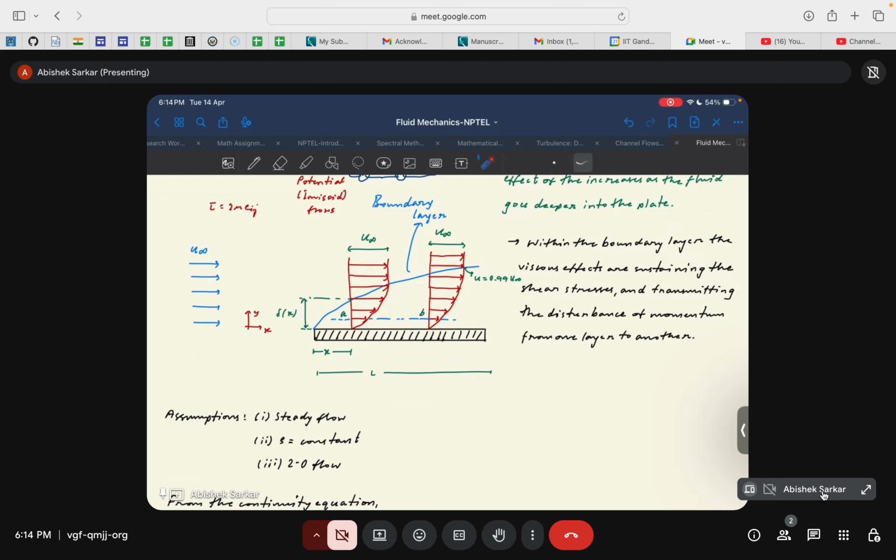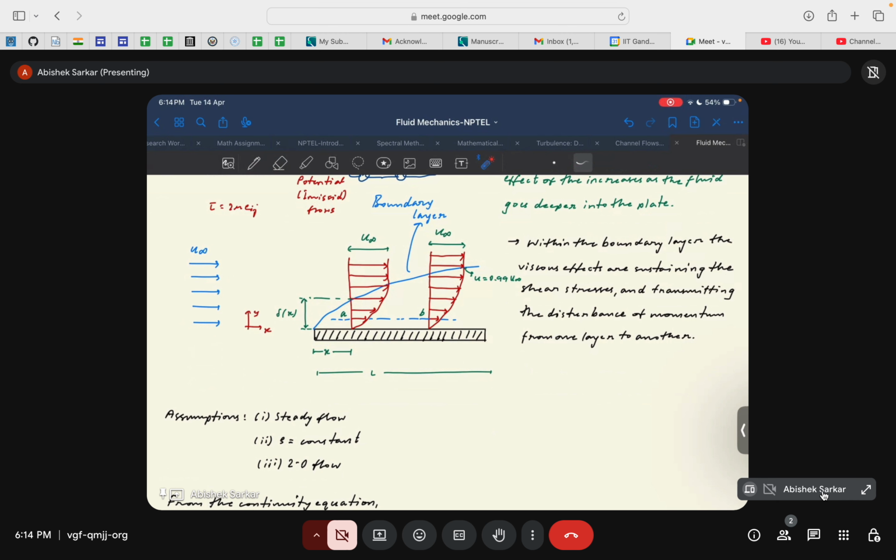So it is not sensible to just find a point where u becomes equal to u infinity. To make it analytically simple and intuitively understandable, they considered the point at which the velocity becomes 99% of the free stream velocity to be the boundary layer.